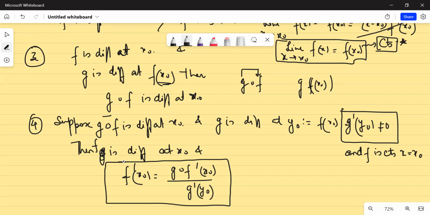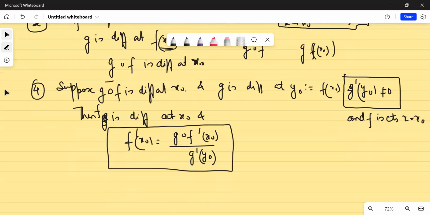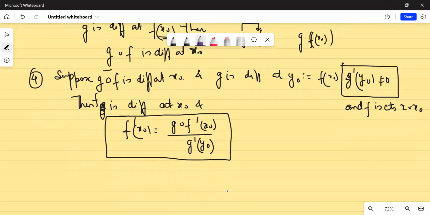So if my composition g of f is defined and differentiable at x naught, g is differentiable at y naught, and g dash y naught is non-zero, then f dash x naught is simply equal to this. Simple. I'll do it for you.